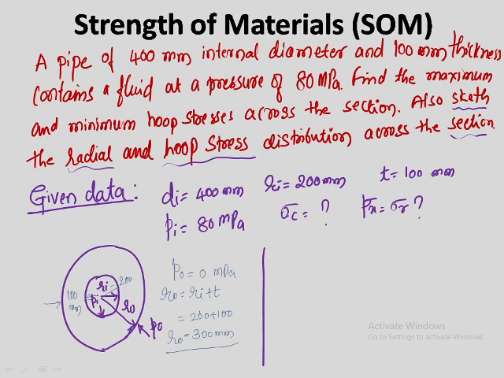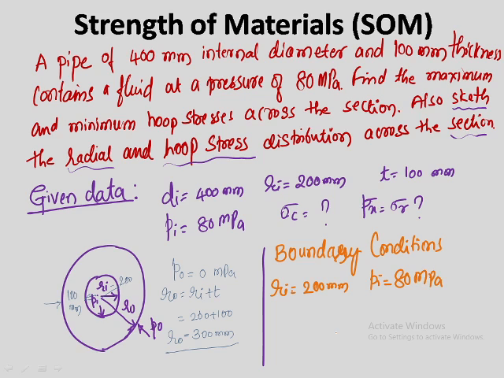So now what are the boundary conditions here? At Ri equal to 200 mm, Pi is 80 megapascal.